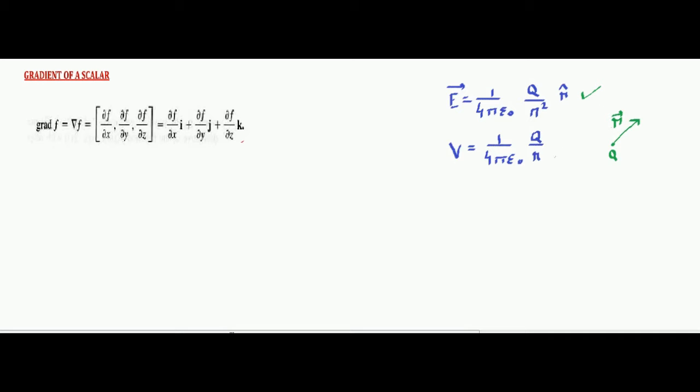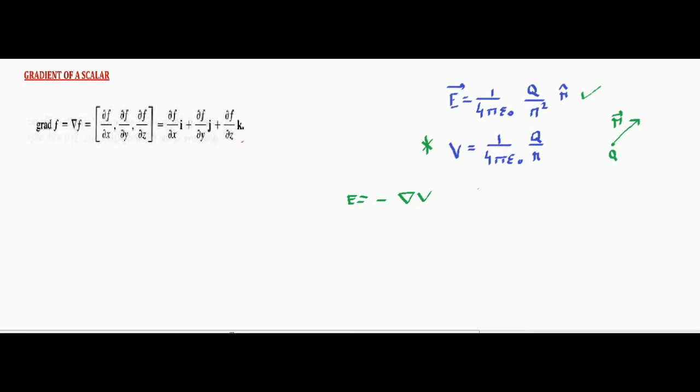Now there is something called the electrostatic potential, which is related to work done. But our aim here is to see how the gradient of this potential will give us our electric field. However, there will be an extra minus sign.